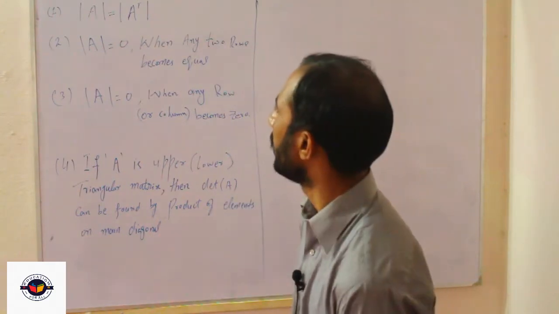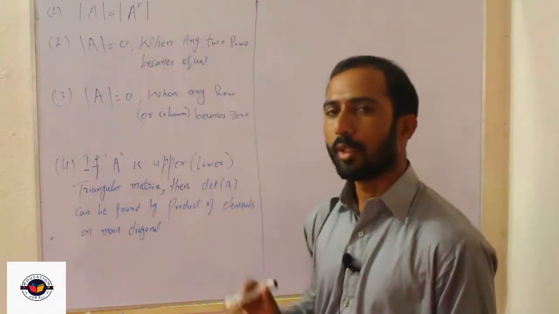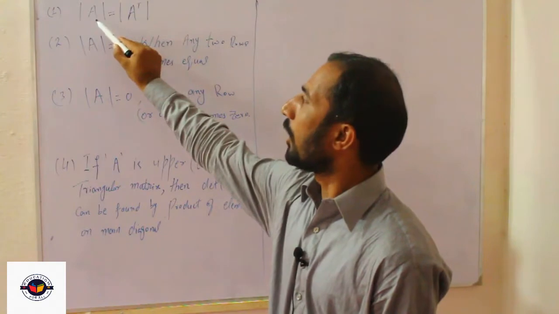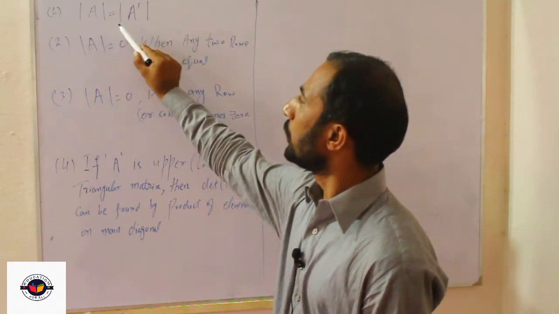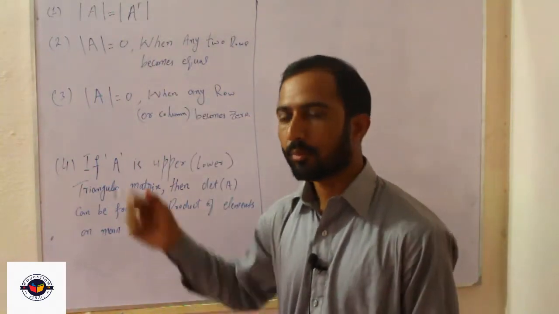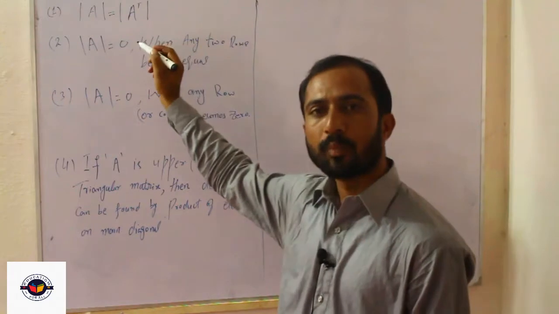The very first property related to determinants is that the determinant of a matrix is always equal to the determinant of the transpose of that matrix. I explain this property through an example.